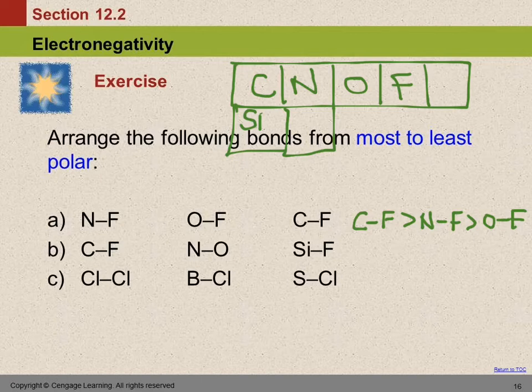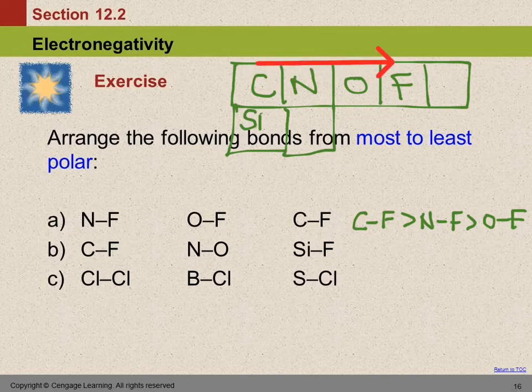So now we're comparing carbon to fluorine, nitrogen to oxygen, and silicon to fluorine. So if we were drawing lines, carbon, fluorine, well, that doesn't work very well. Let's use these red arrows.